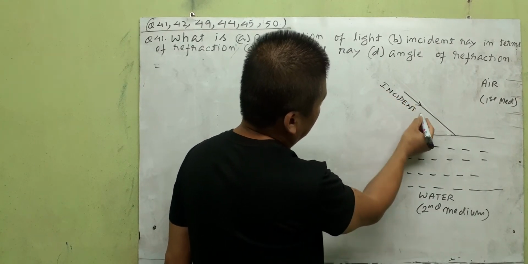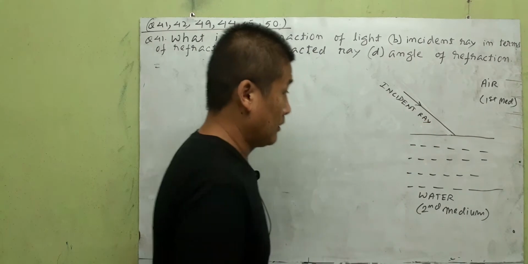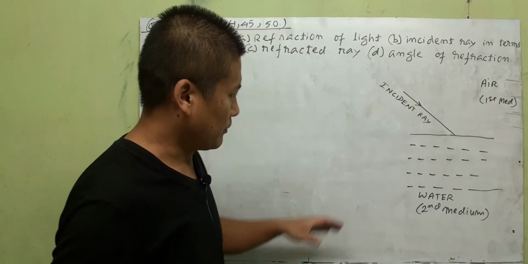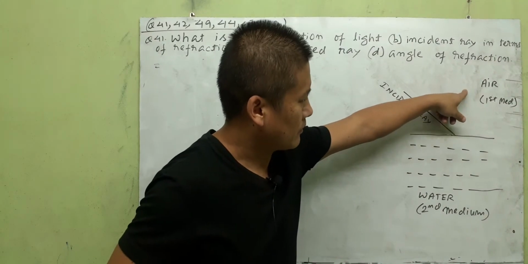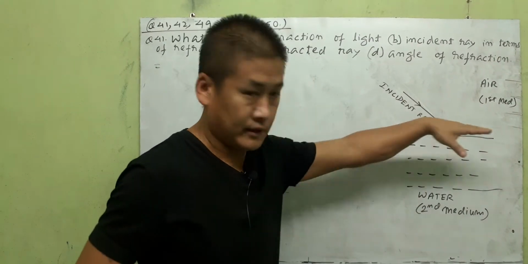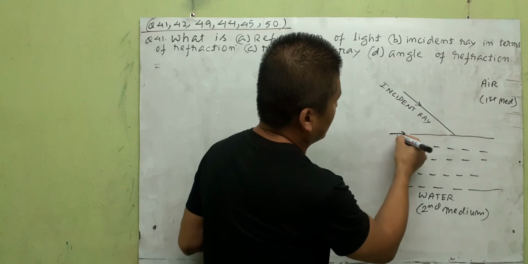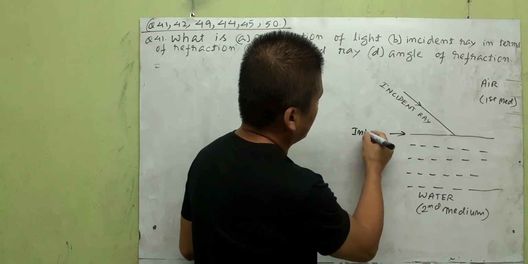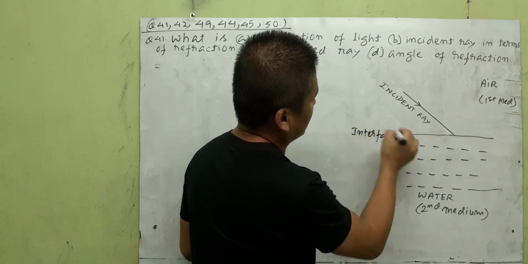So write that one. The line that separates the first medium, air, and water is called the interface. Interface, you can write it down.